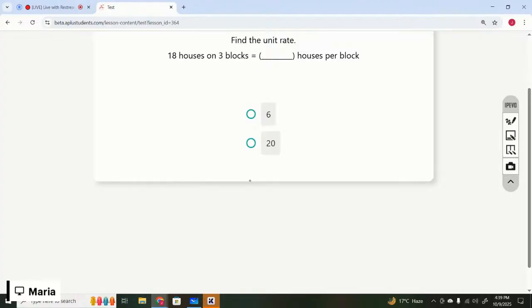Find the unit rate, 18 houses in 3 blocks. So how many houses per block?